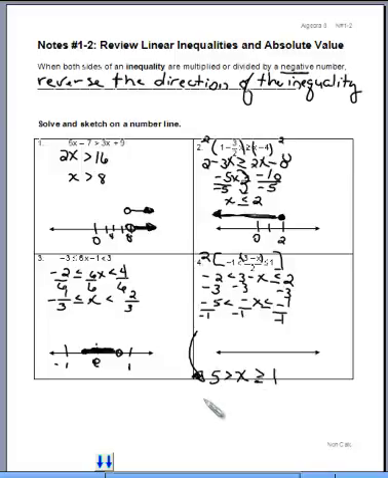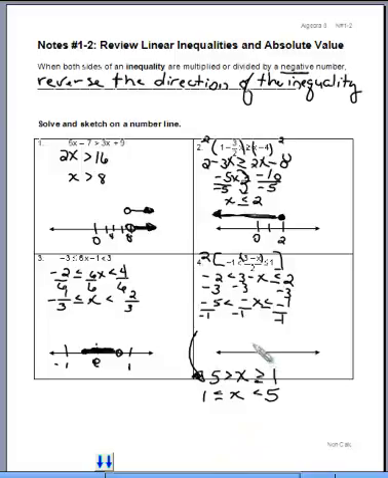Now we really need to put this in order. We're going to put our 1, our lowest number, first on the left. So we're going to rewrite this: 1 is less than or equal to x, which is less than 5, because we want to put it in number line order, the lowest number first and the highest number second.